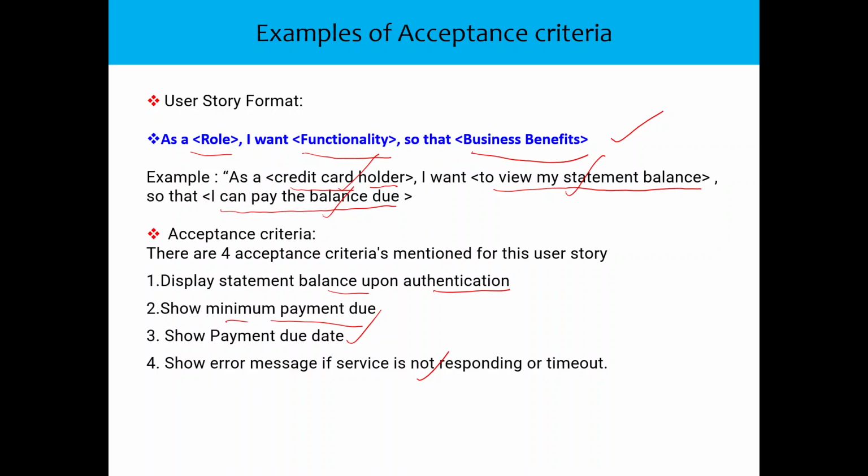They might want a different date format, so they will do negative testing also. They will try to put different formats and see whether the right format is displayed or not. So they will do other tests also, but acceptance criteria will always be on the basis of business language, in the sense, what the user wants.